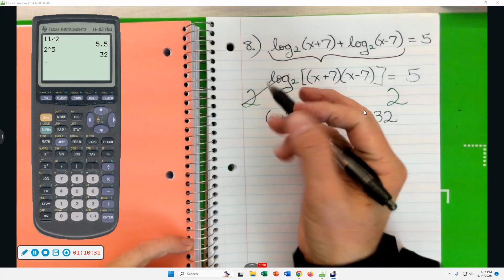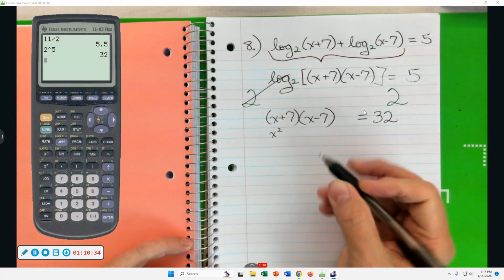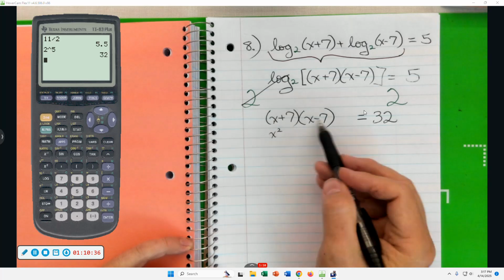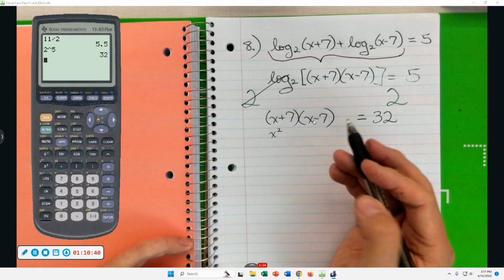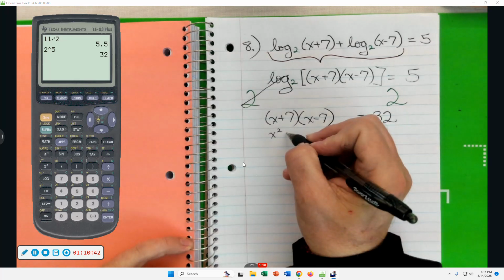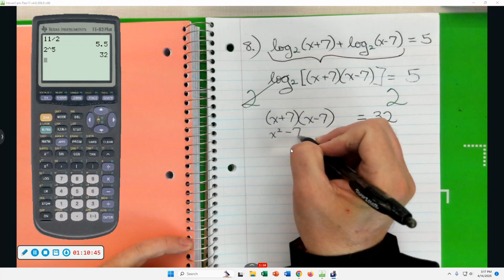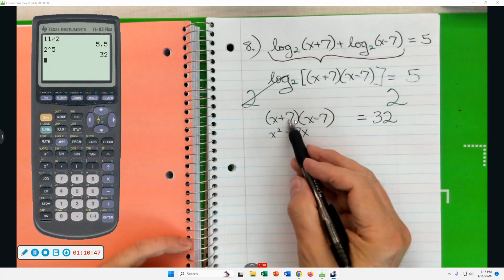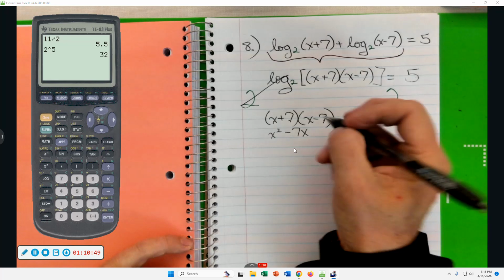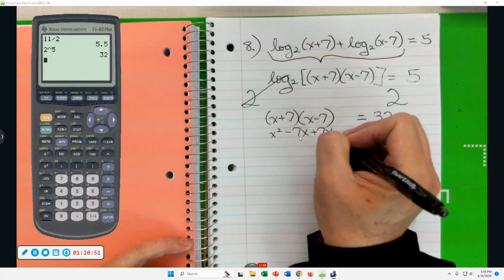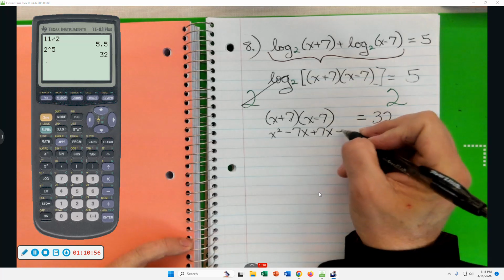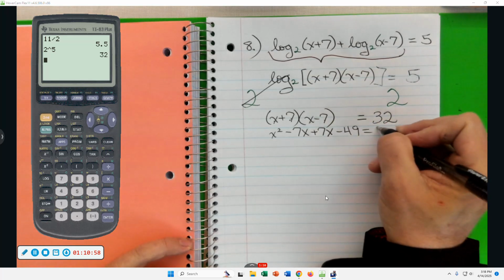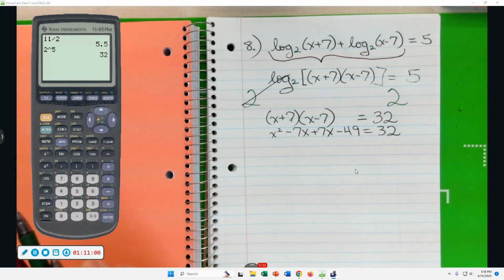First, we have x squared, outer, minus 7x, inner, plus 7x, last, 7 times negative 7 equals 32.